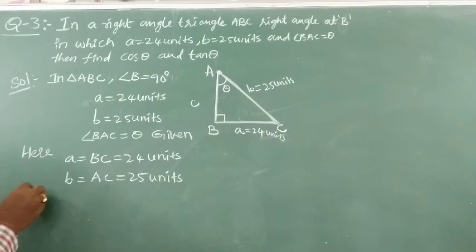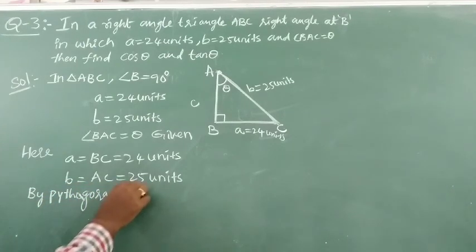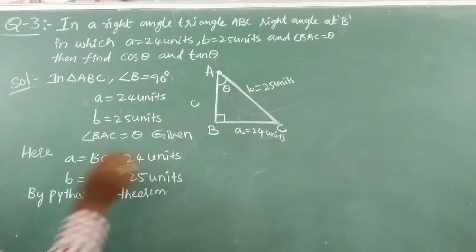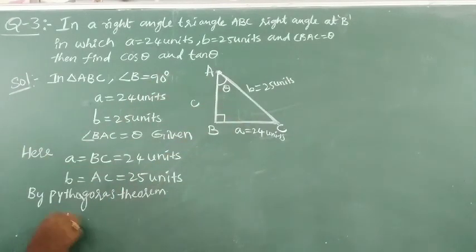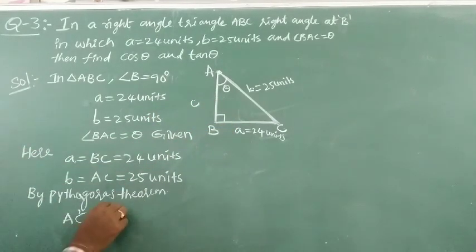By Pythagoras theorem, the square of the hypotenuse, AC square, equals the sum of the squares of the remaining two sides, AB square plus BC square. AC is the hypotenuse here.